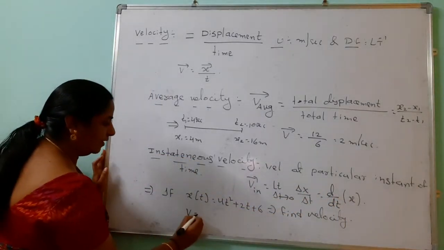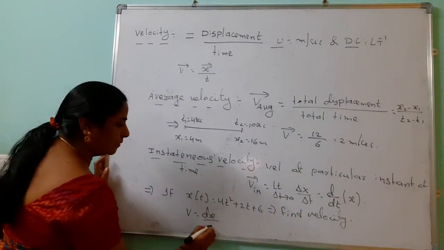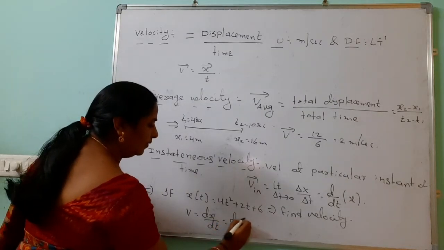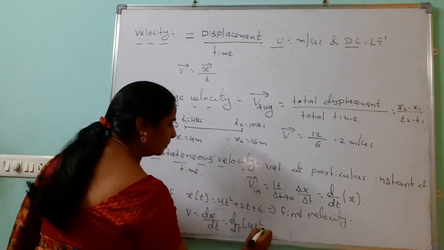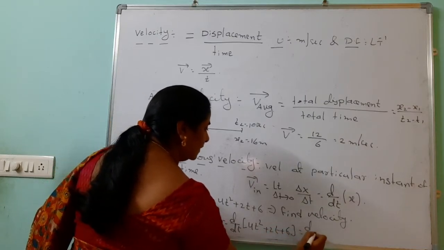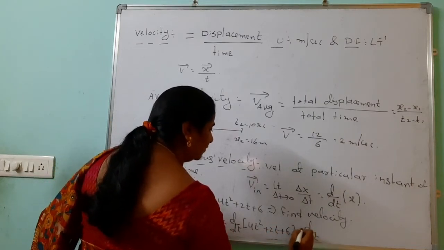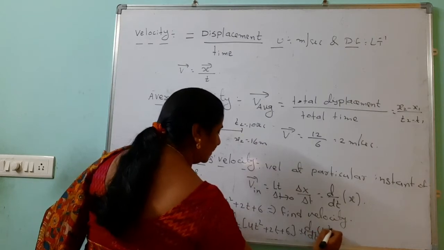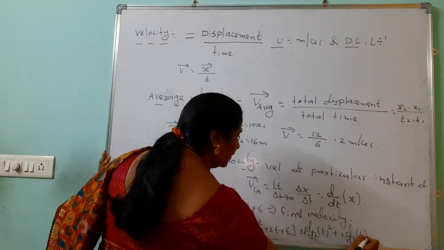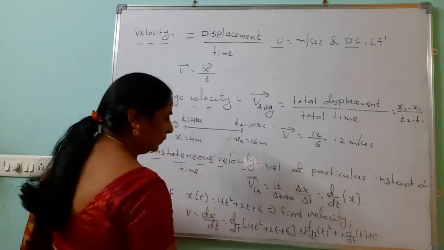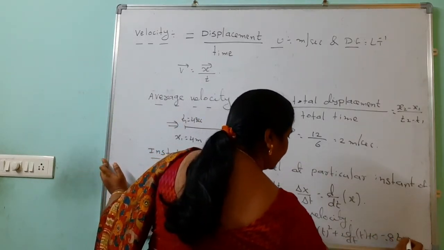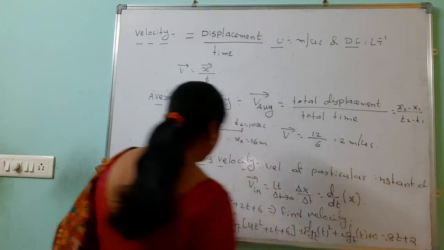So velocity equals dx by dt, the differentiation of 4t square plus 2t plus 6. That is 4 into d by dt of t square, plus 2 into d by dt of t, and for the constant it is 0. So it is 8t plus 2. This is the velocity.